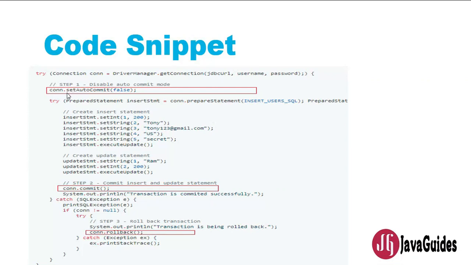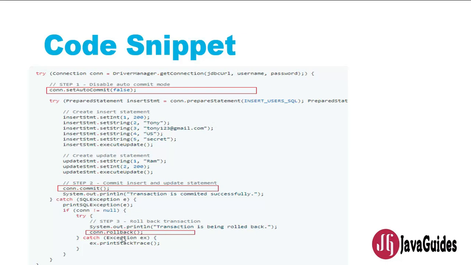At the beginning we need to set autocommit mode to false, or disable the autocommit mode, and after that we can execute multiple statements like insert, update, or delete statements, and these statements are grouped as a transaction, and then we can commit the transaction by using the commit method.